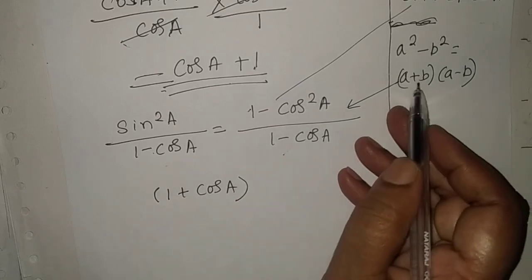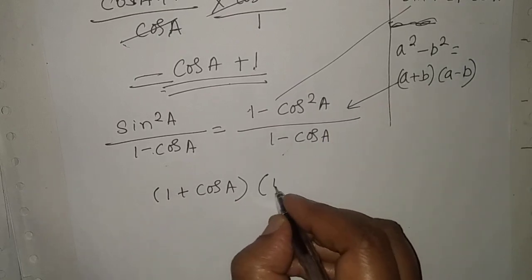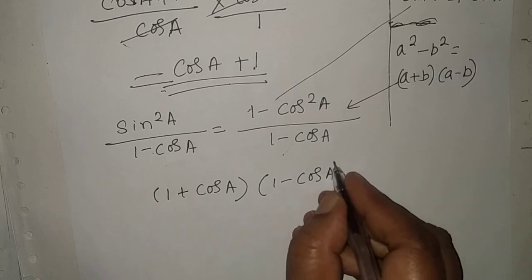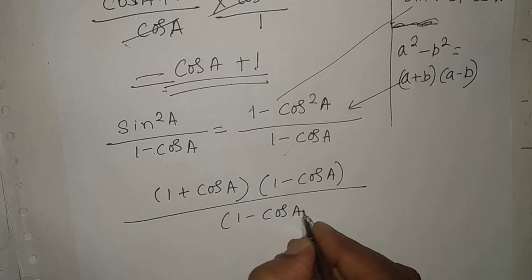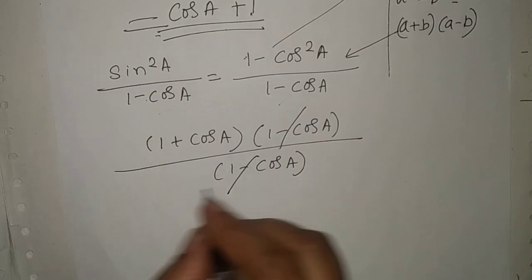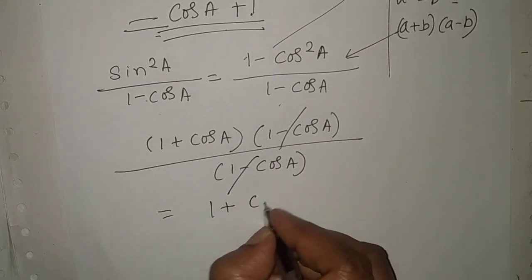So it can be written as A plus B, A minus B. So 1 minus cos A, 1 plus cos A by again 1 minus cos A. Cancel these two, so we are getting 1 plus cos A here.